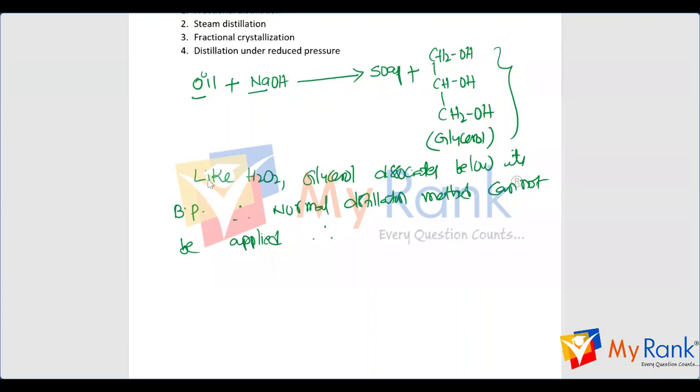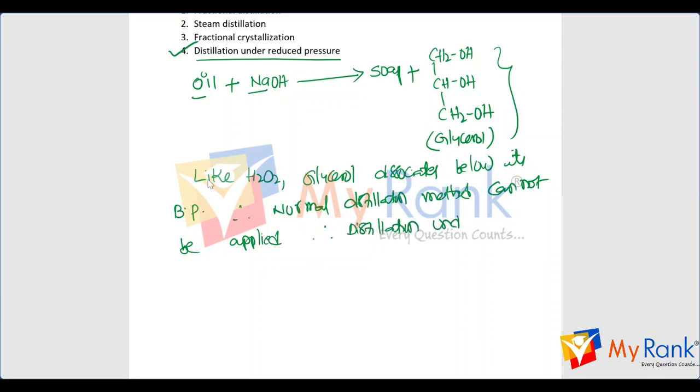So distillation under reduced pressure is used. When the pressure is reduced, the boiling point decreases. Therefore, distillation under reduced pressure is used here.